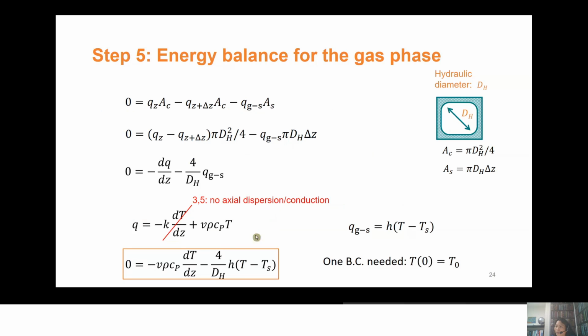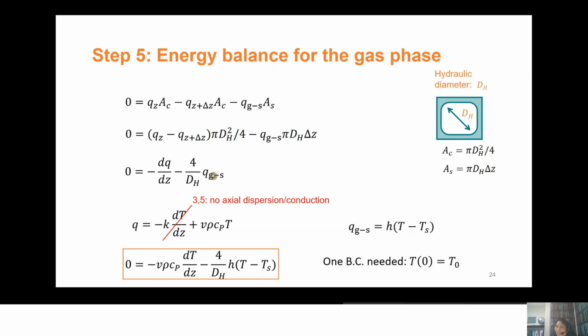And we will write that flux from the gas to the solid in that stagnant film. This is a stagnant film theory, so that's the heat transfer coefficient H times the driving force, which is the temperature of the gas phase minus the temperature of the solid phase. Okay, so again, this heat transfer is taking place in the stagnant film next to the external surface of our catalyst coating.